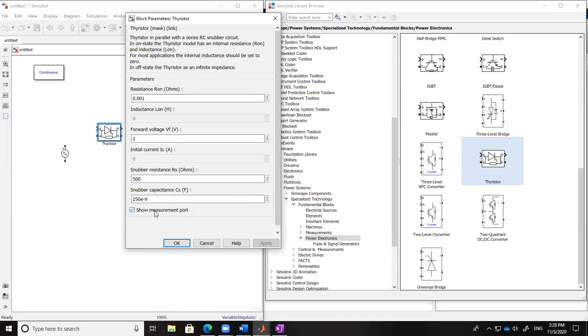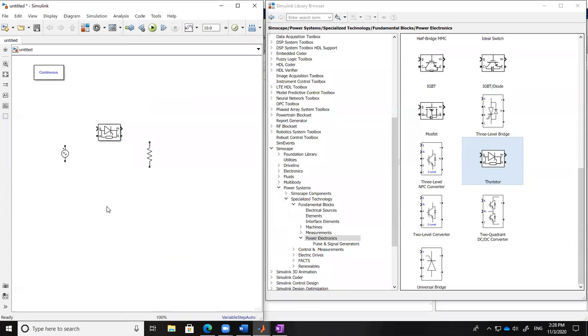And show measurement port will be there. Press OK. Now the AC voltage source phase or plus terminal is connected to the anode of the thyristor. The cathode is connected to the load, and then we complete the path.